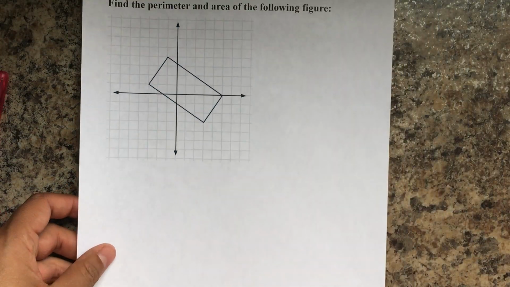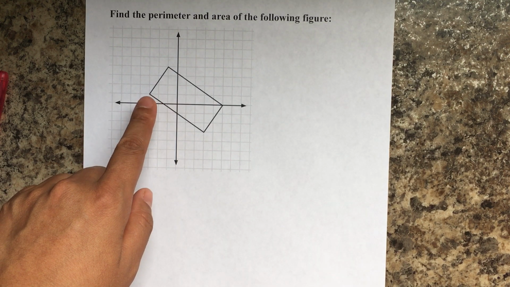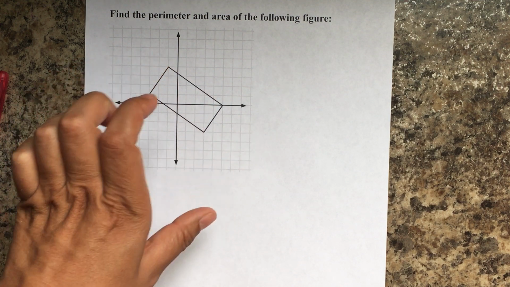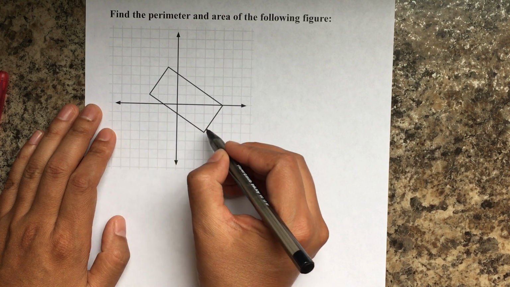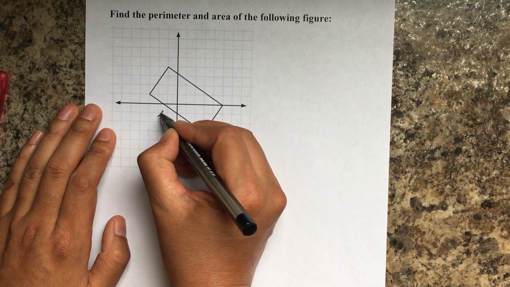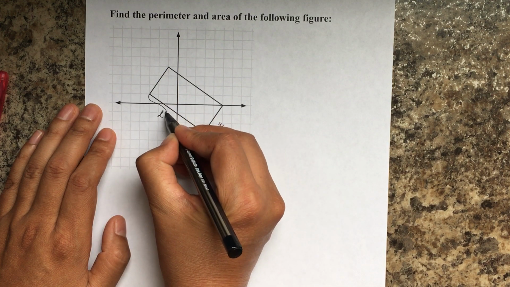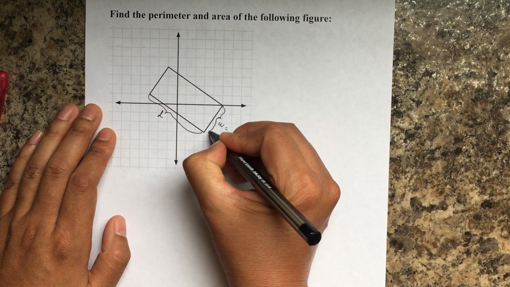However, sometimes the figure is not going to be as easy as to count the squares because this is rotated, okay? So what is the length and the width? So the length is this right here, and there are 2 ways that you can find it.